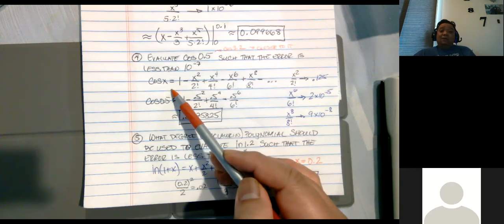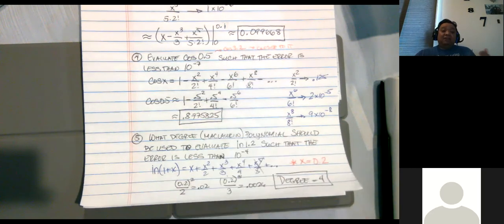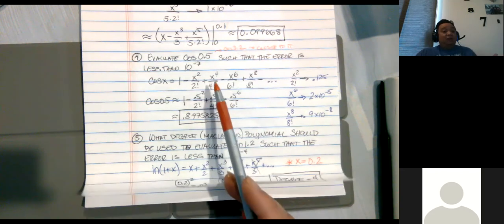So be careful with that. Especially if you have the freedom to choose your own center, then you want to use a center that will be closer to where you're evaluating.